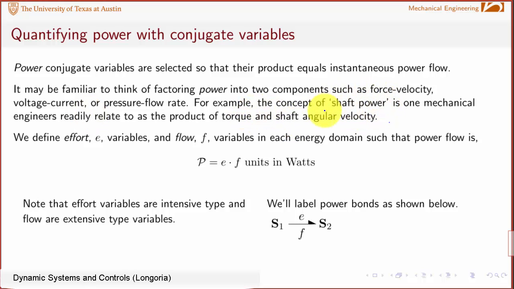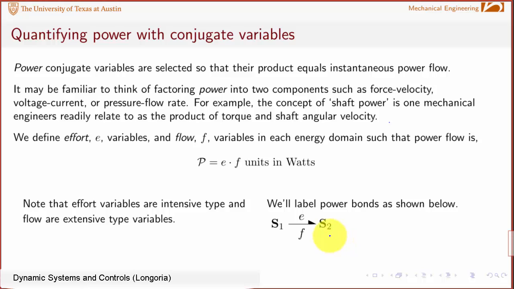When we talk about shaft power, the way we quantify that is with torque and shaft angular velocity, right? So those types of variables are generally defined as effort and flow variables. And effort and flow variables give you, through their product, power. Remember, this is always in units of watts.